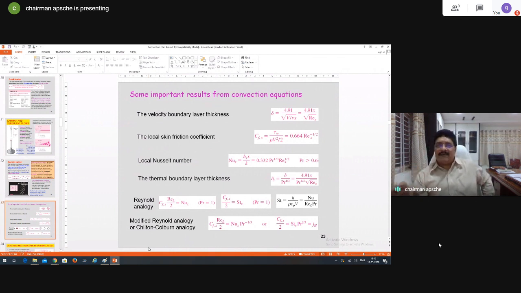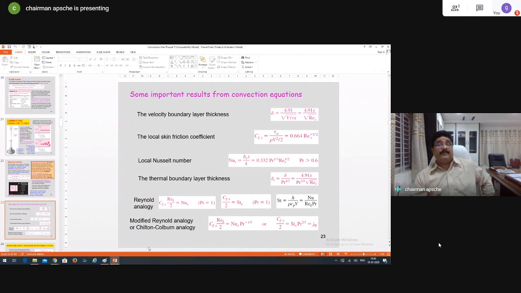Once you calculate CFX, I talked to you about Reynolds analogy and Chilton-Colburn analogy, and that gives you the specific value of CFX. Once you know the CFX, you can calculate shear stress, and therefore you can calculate the drag force or frictional force.